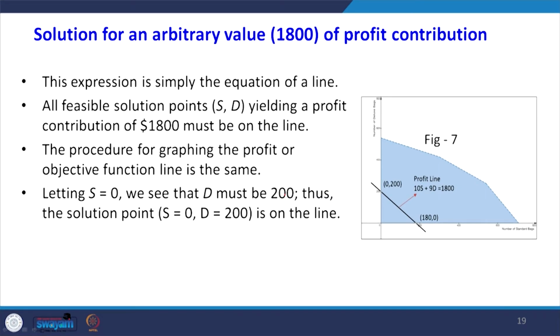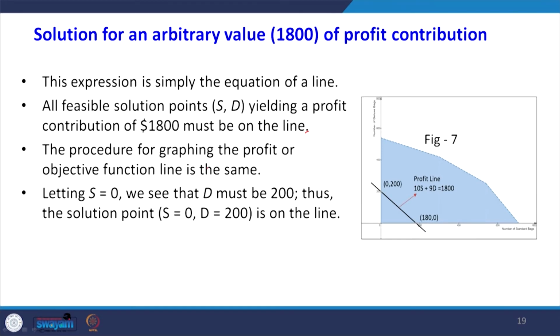This expression is simply the equation of a line, which one? 10S plus 9D equal to 1800. All feasible solution points S comma D yielding a profit contribution of $1,800 must be on the line. So, all the points, meaning the values of S and D, will satisfy our objective function, which is 1800.